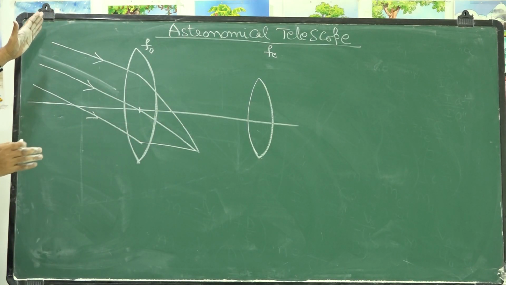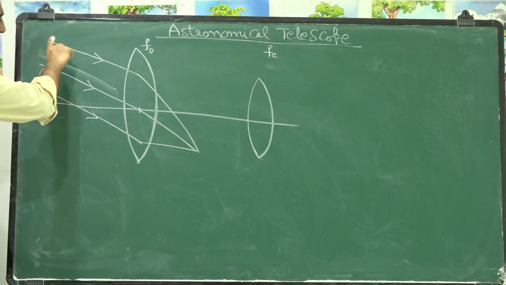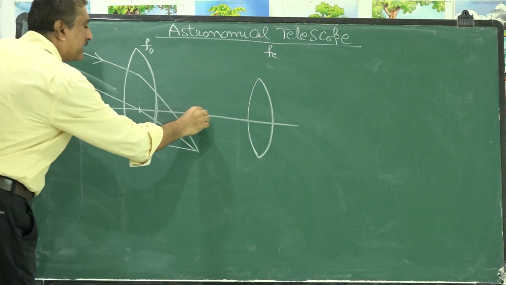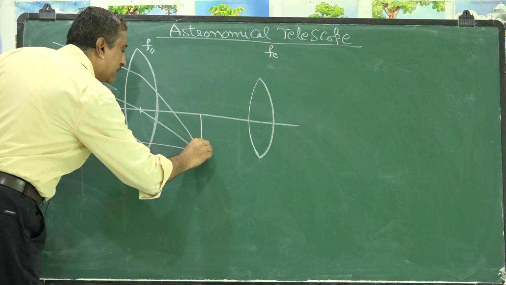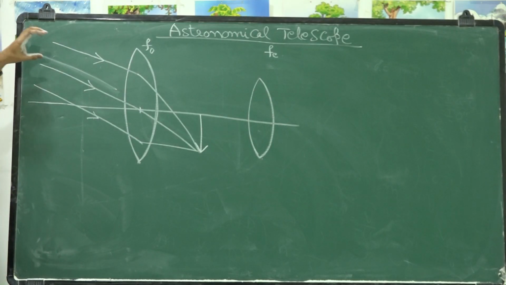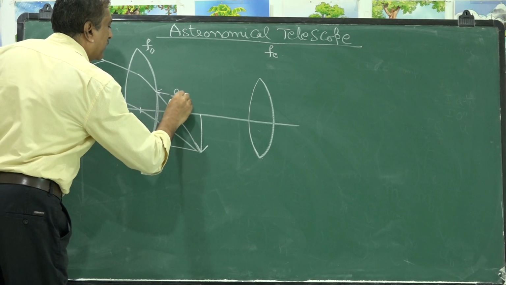Now, the light rays from a distant object will be parallel, and those parallel rays incident on this objective lens form an image at its focus. That means this distance is f naught.